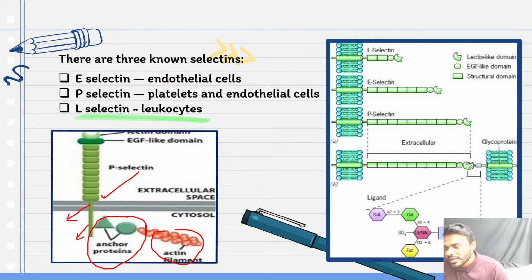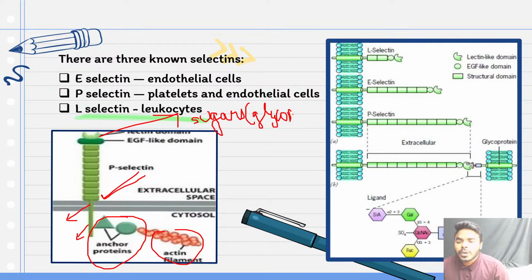Listen to me carefully, friends. The extracellular domain can be associated with what? The extracellular domain can be associated with different types of sugars, correct? Different types of glycoproteins it will be associating.